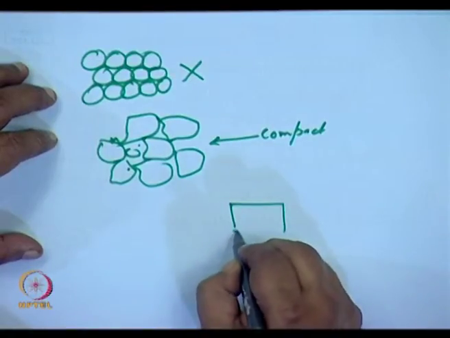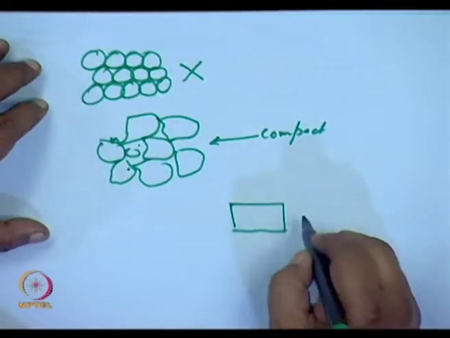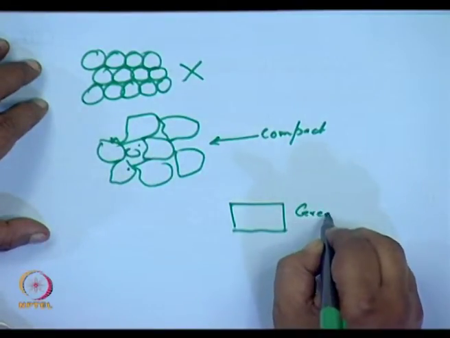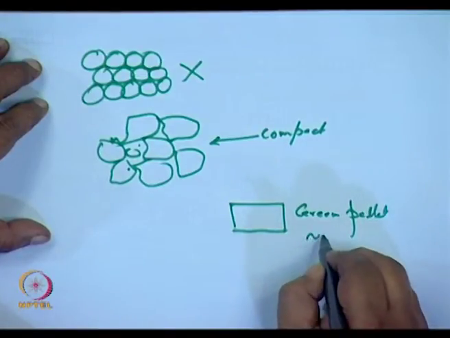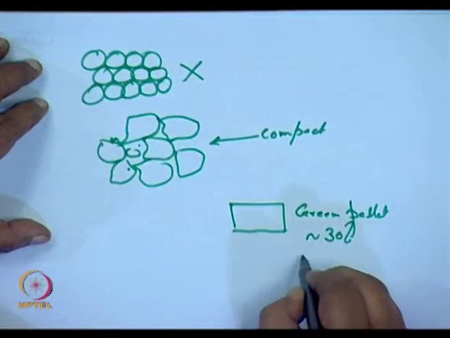I have taken the ceramic powder, pressed it into the form of a pellet, and now I am looking at the porosity. 30 to 40% porosity will be there. So now let us assume that we have taken this green pellet, that is not fired, with, say, let me pick a figure, 30% porosity.